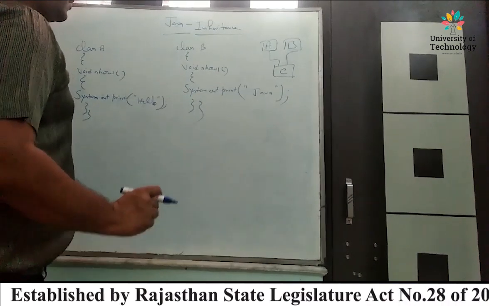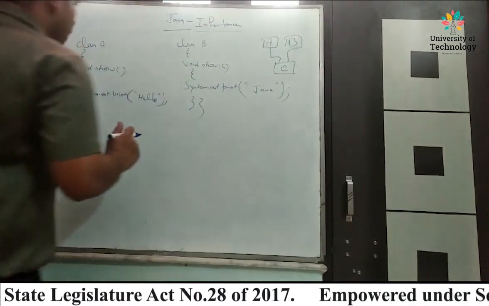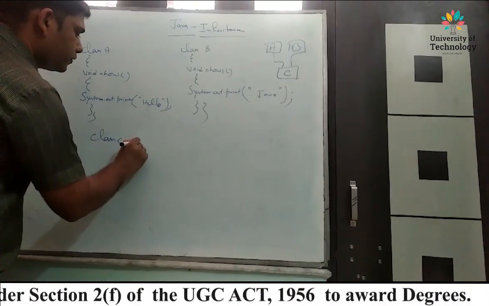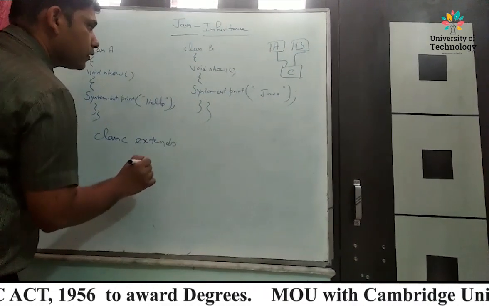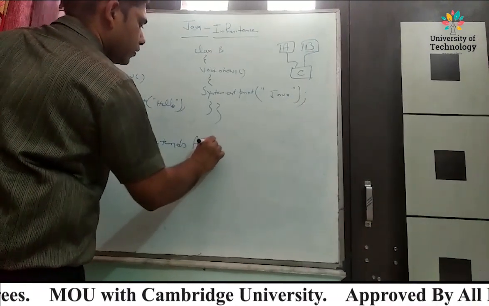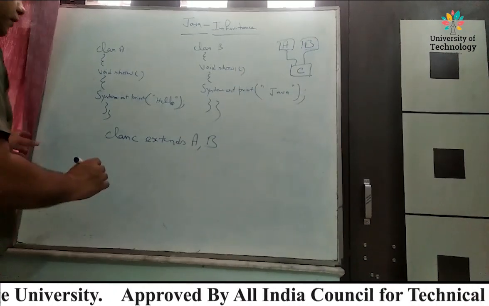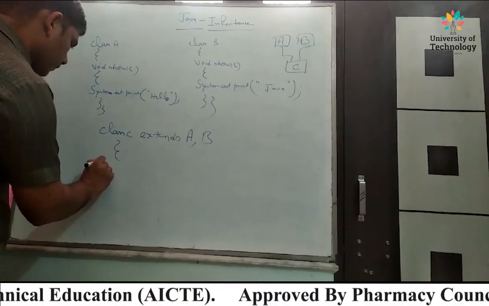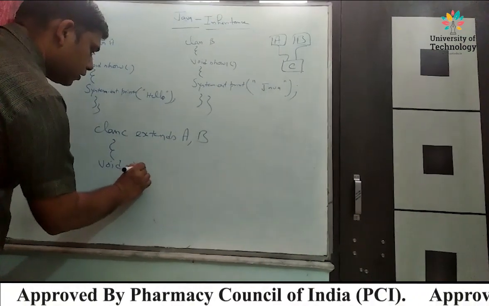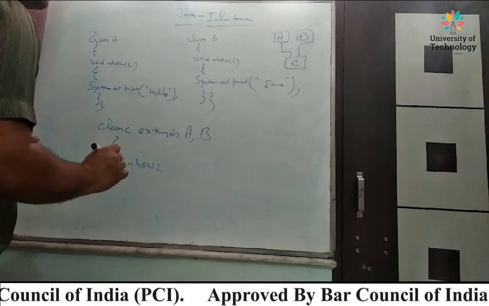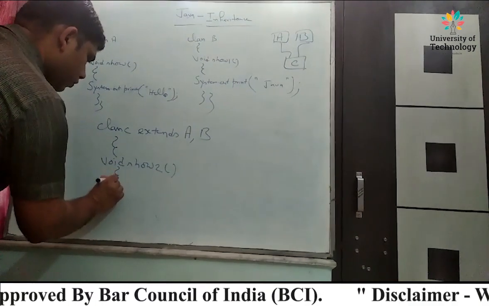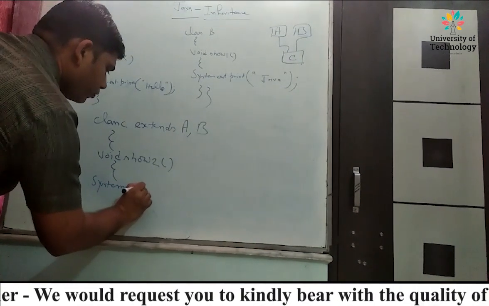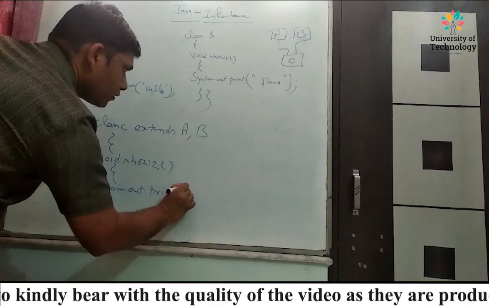Next, class C extends A and B. Next, void show2, system.out.print C++.